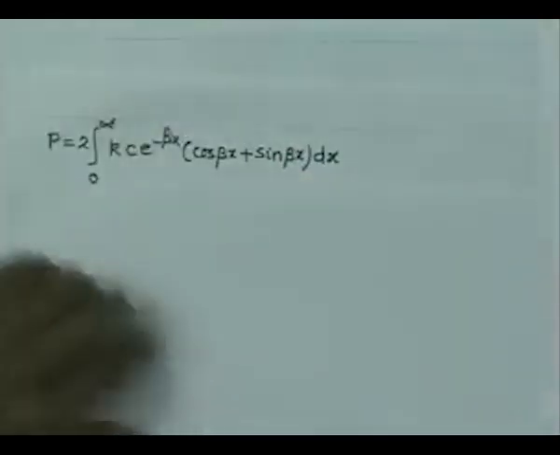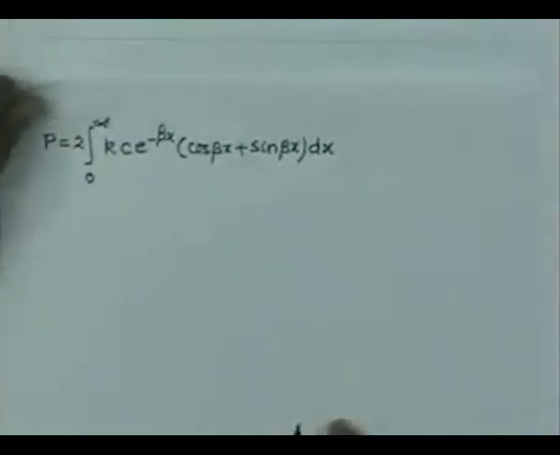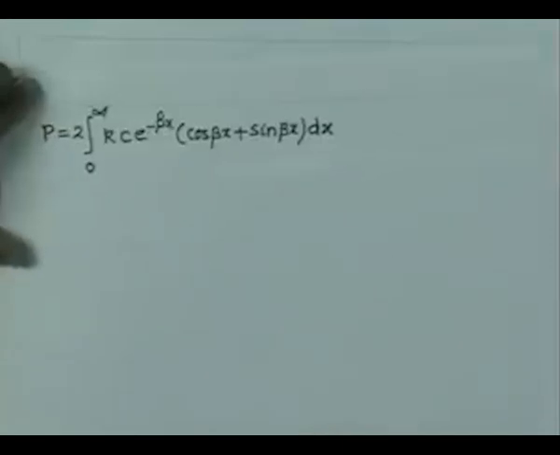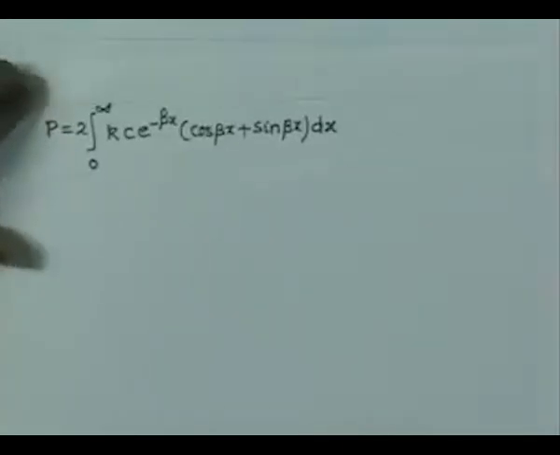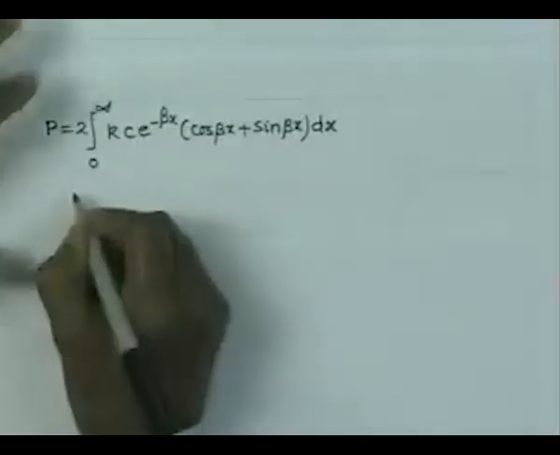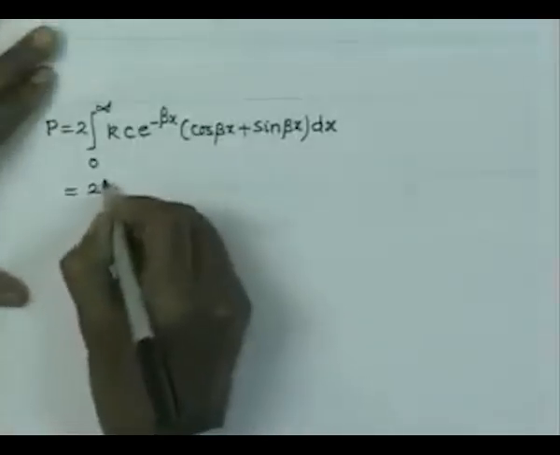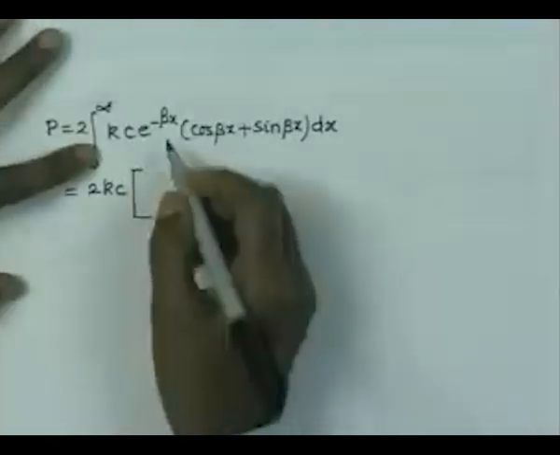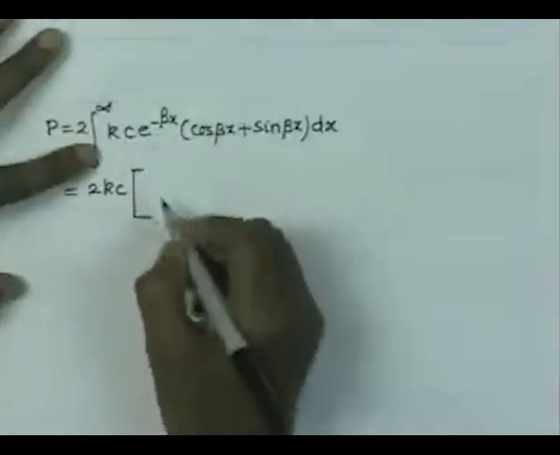So, this is a case of product of two functions e to the power minus beta x and cosine beta x plus sin beta x. So, we can do it integration by parts. So, therefore, if we do that, twice kc, first we integrate this, we take this as the first function.